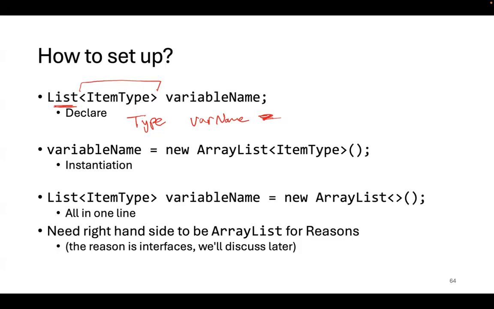So when we declare an array of ints, we have these brackets to show that this is going to be an array variable. We have this to say, here's what kind of thing will live in the array. And so here we say that it's going to be a list, and then here we say what kind of thing will be in the list. So we're still restricted to only having one type of thing in our list. And the way we say that is within those angle brackets.